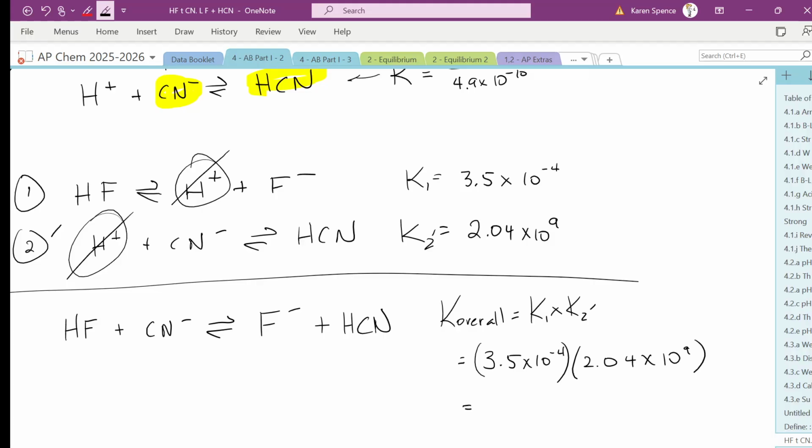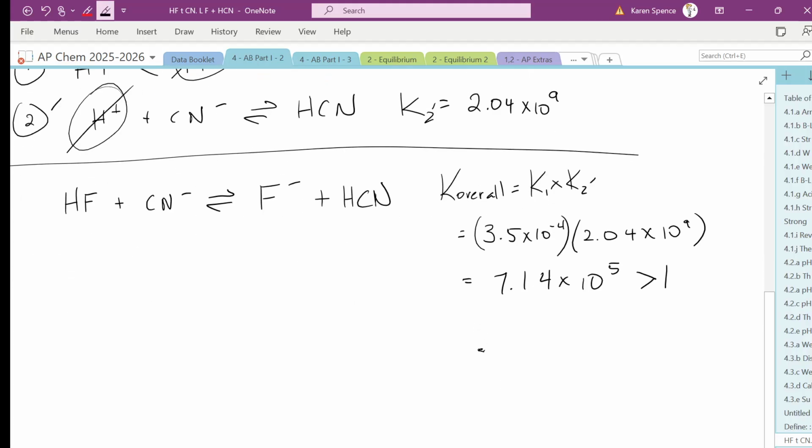And we get 7.14 times 10 to the 5. So K overall is greater than 1, therefore the products are favored.